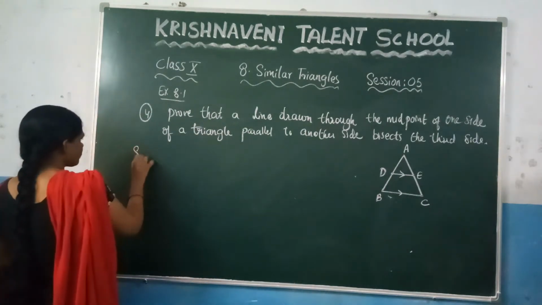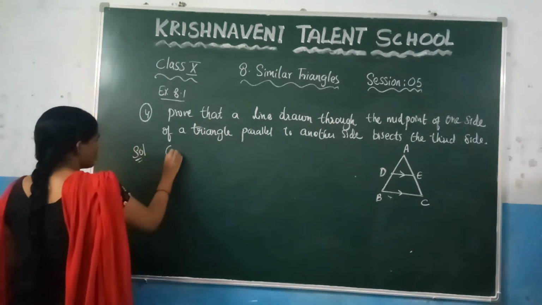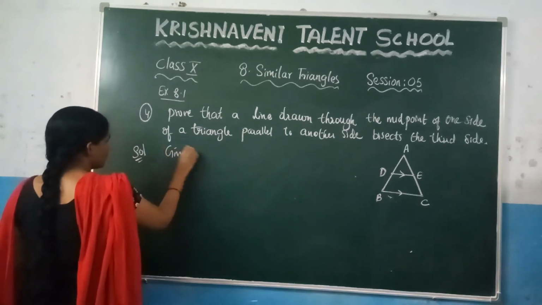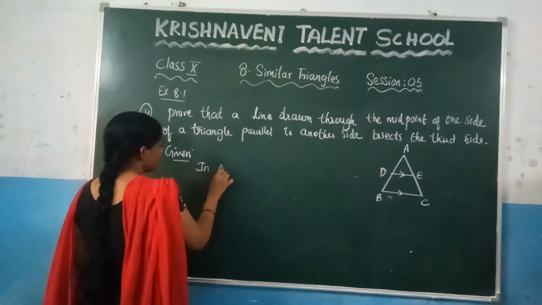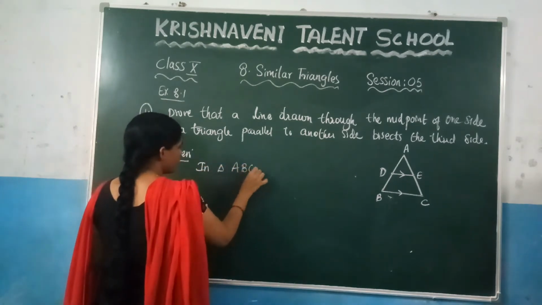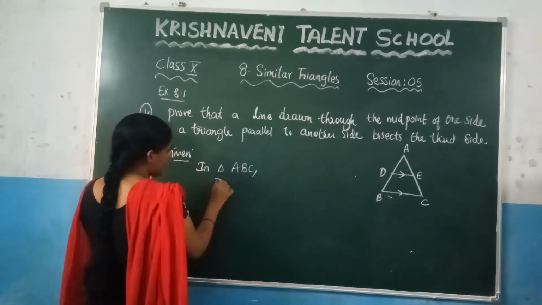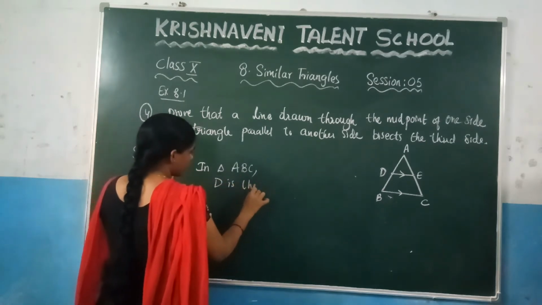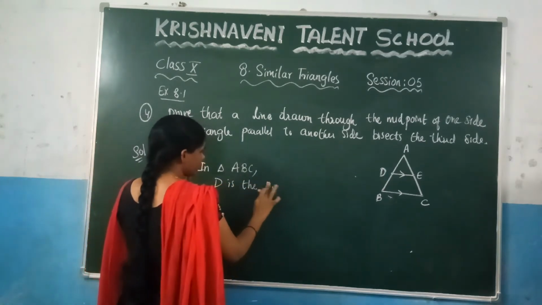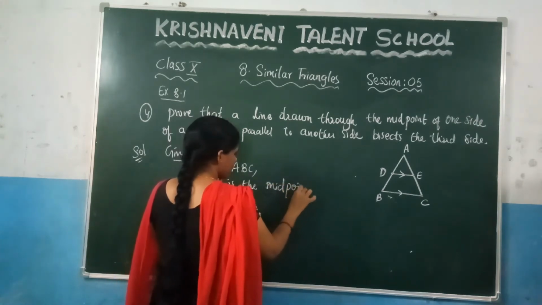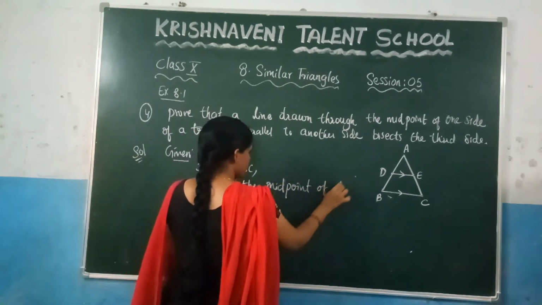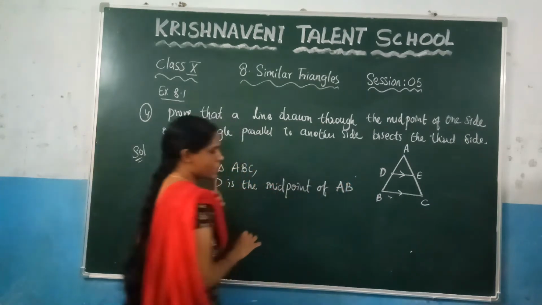So here, D is the midpoint of AB. This is given, right?